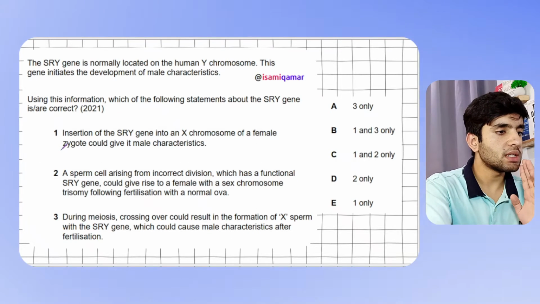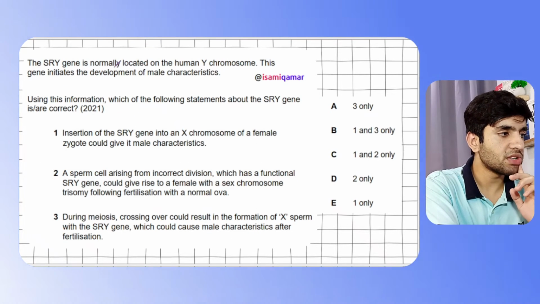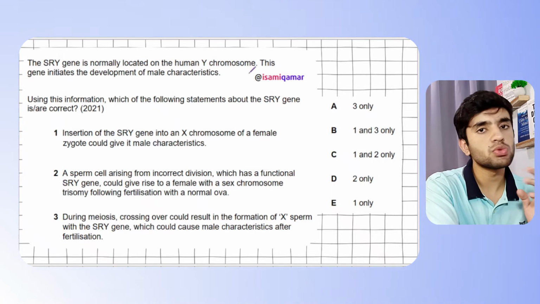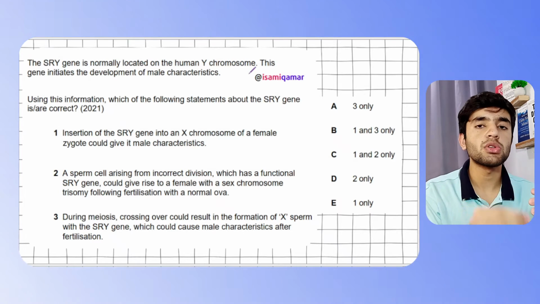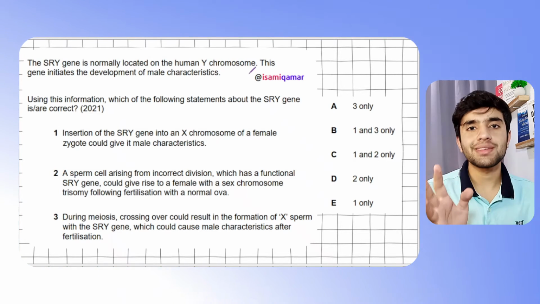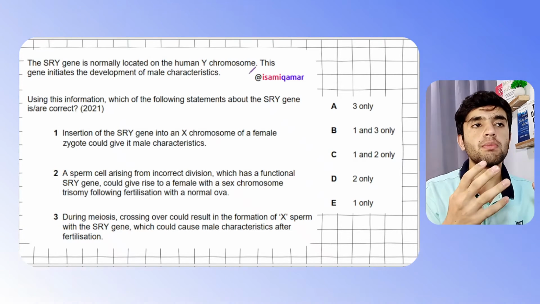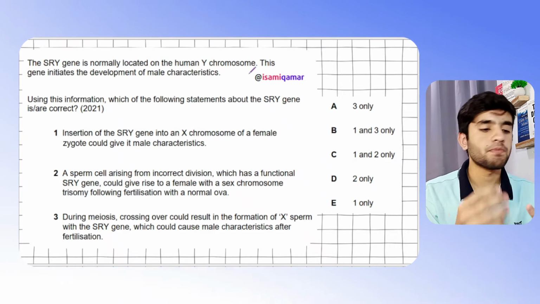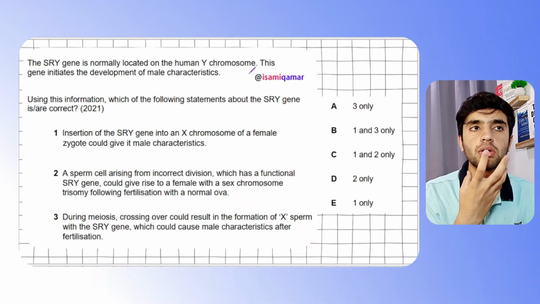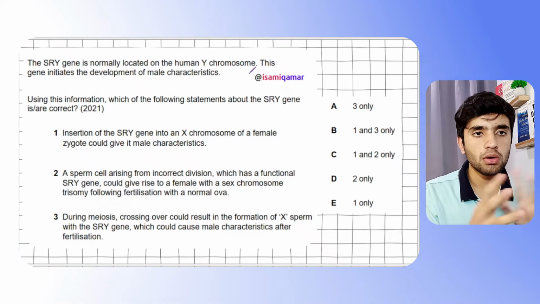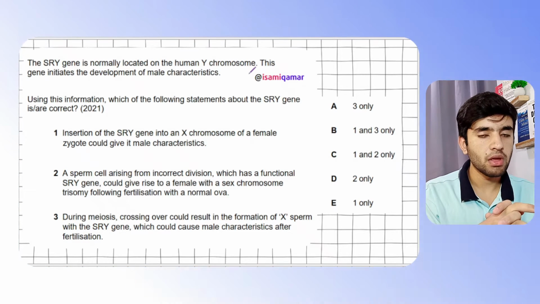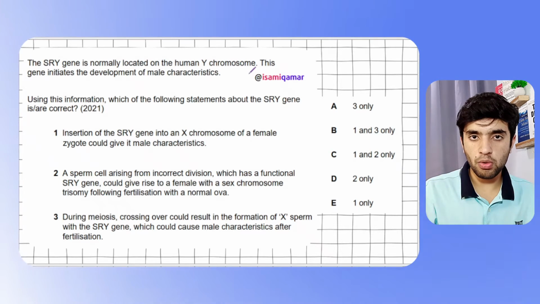Now we have another question that says the SRY gene is normally located in the human Y chromosome. So the SRY gene is present on the Y chromosome. The Y chromosome is in males, so that is responsible for male characteristics, like a beard, a shrill, grave voice, and hair on the body.